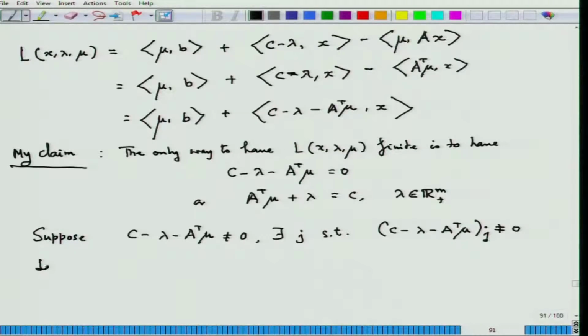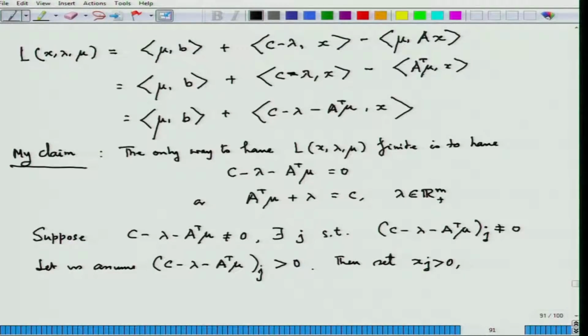Let us assume, without loss of generality, you could have assumed it to be negative and given a similar sort of argument, suppose this is strictly bigger than 0, then set xj strictly bigger than 0 and xi equal to 0 if i is not j.